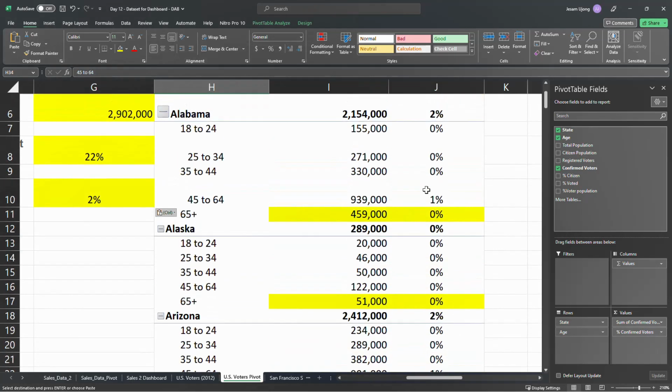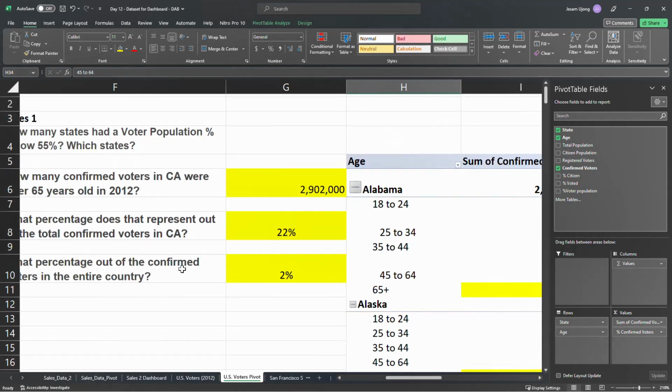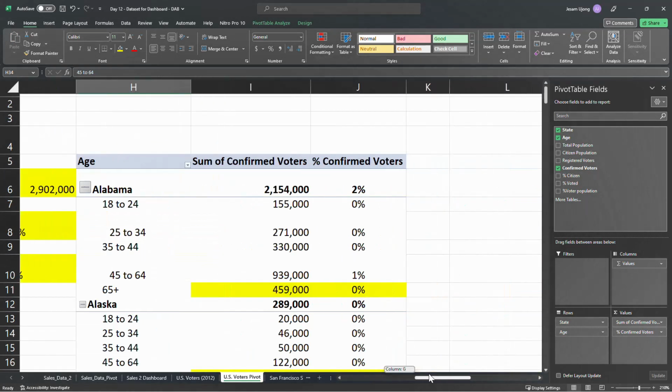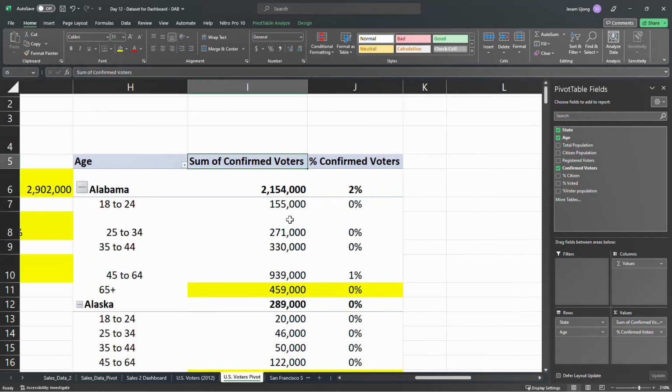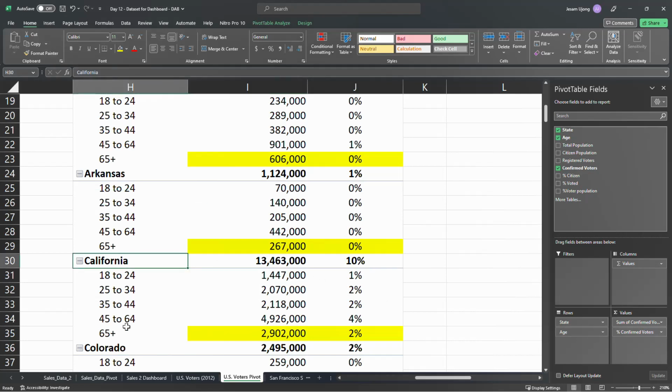The other parameters were still constant because the other parameters had to do with still unconfirmed votes, confirmed voters percentage, but this time around in the whole country. So just adding the state field alongside the age, I went to California and I went to 65 plus and I got my 2%.